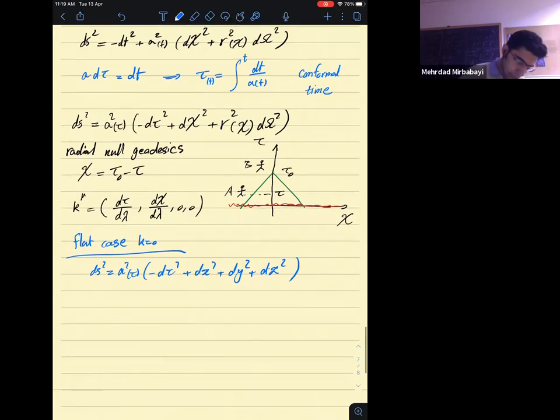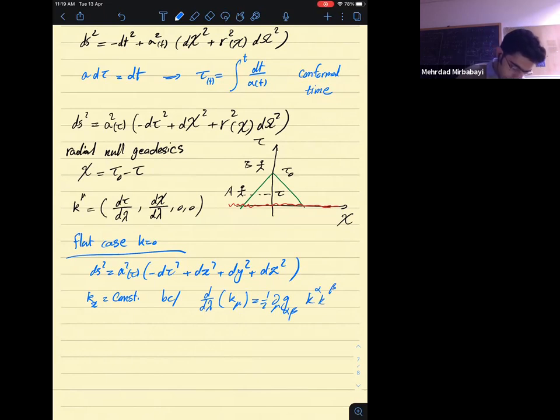It means that kx with lower index is a conserved quantity, because the geodesic equation will look like d by d lambda of k mu equals 1/2 d mu of g alpha beta k alpha k beta.